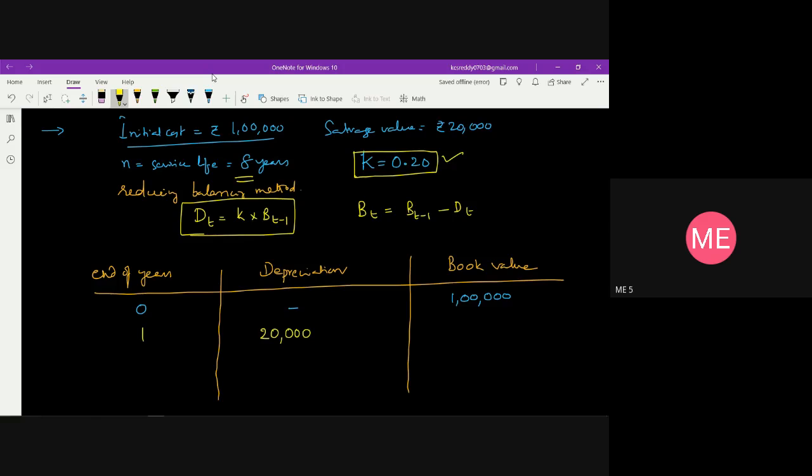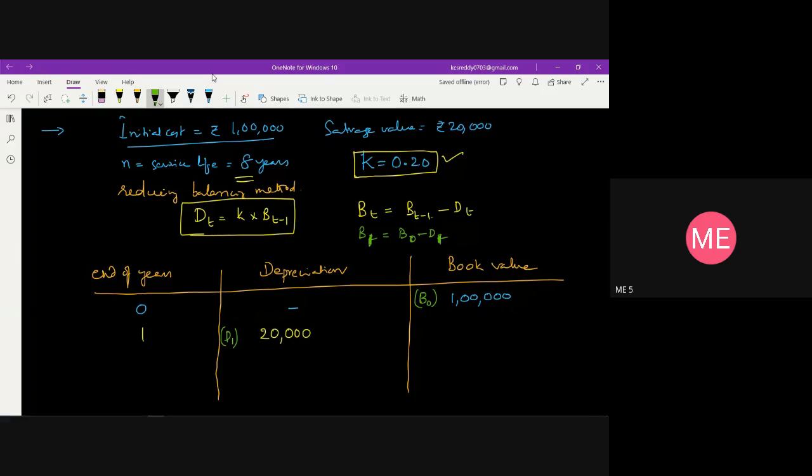Now, what is the book value at the end of the first year? We know that the book value at the second year is B2 = B1 minus D2, so at the end of the first year, B1 is equal to B0 minus D1.